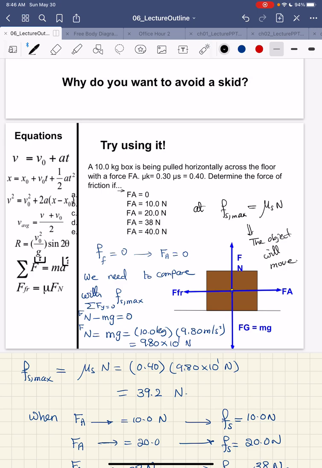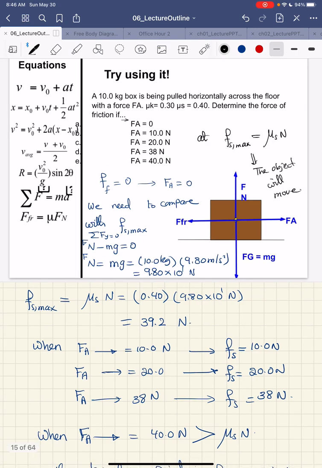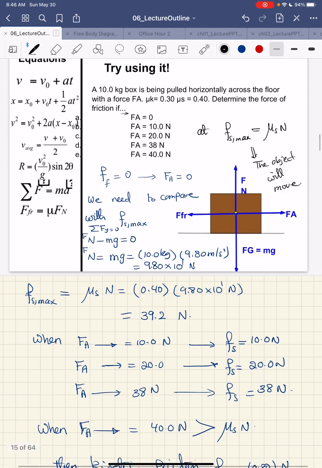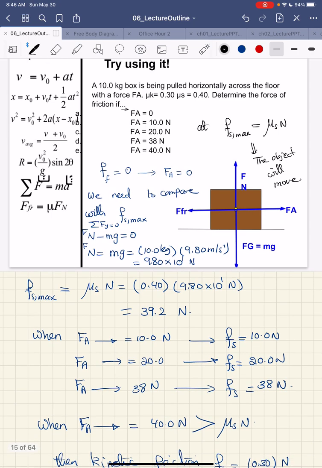In this case, the normal force Fn equals the weight of the object. Now, Fs maximum can be calculated as mu s times the normal force, and this is 39.2. Any force that is less than this is the force applied and the object is not in motion, or it is at the threshold of the motion.